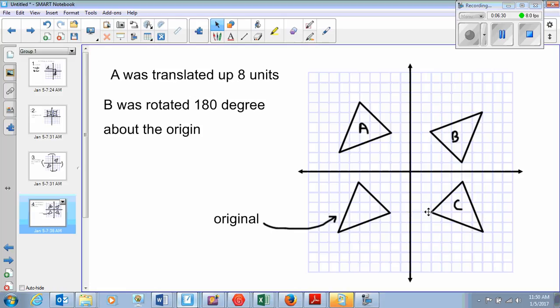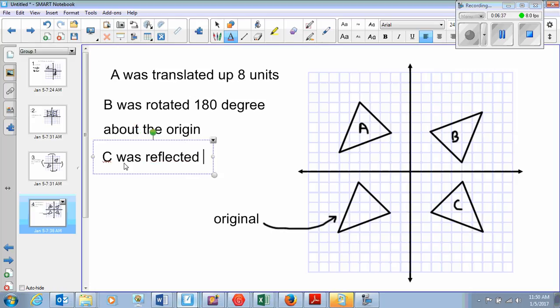It's 1, 2 units from the Y. So for C, we would say C was reflected across, and in this case that up and down line there is the Y axis.